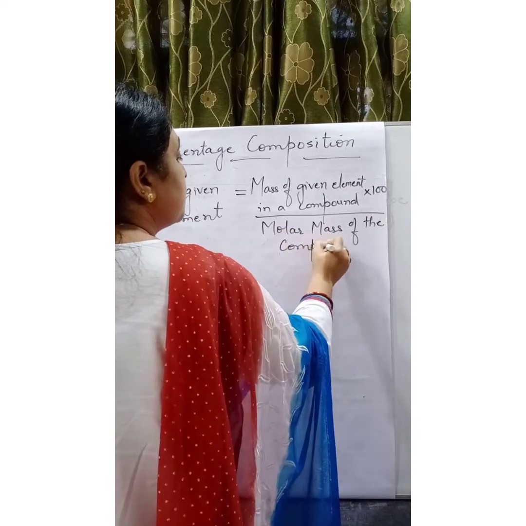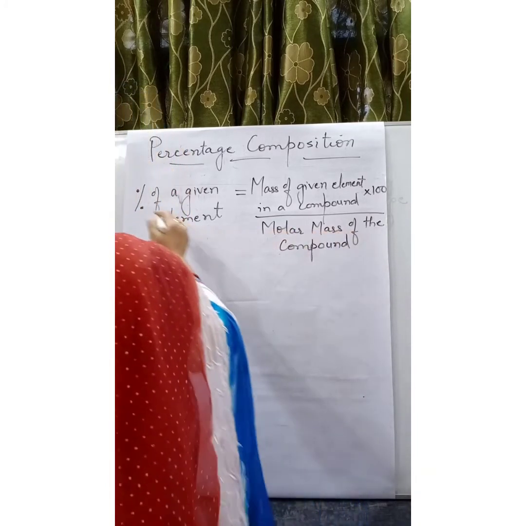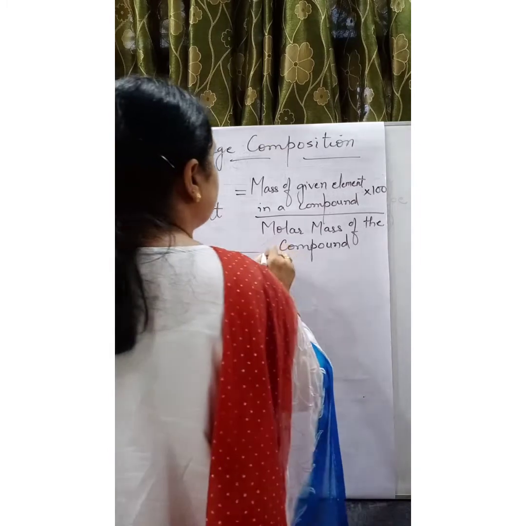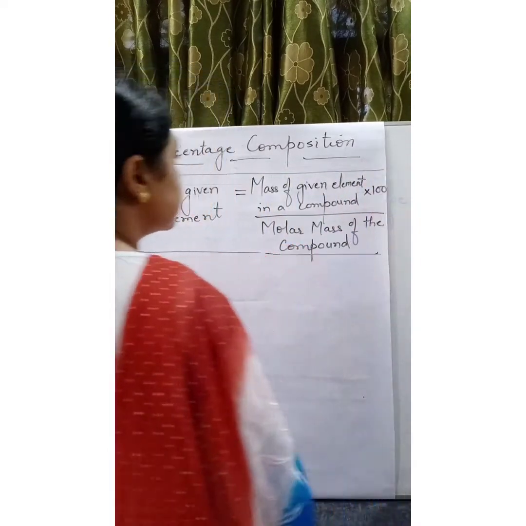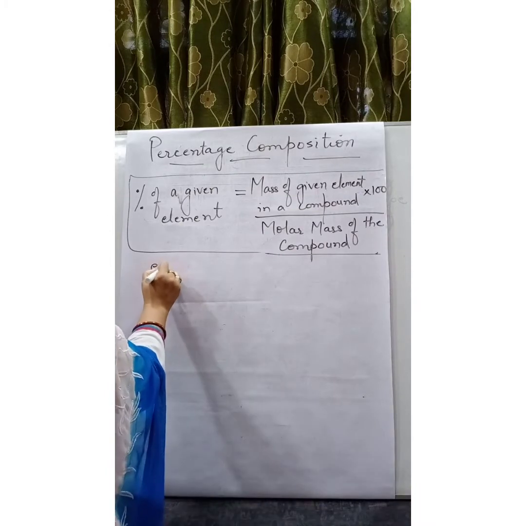So this is the formula for calculating the percentage composition of an element in a given compound. Let us understand this with the help of an example.